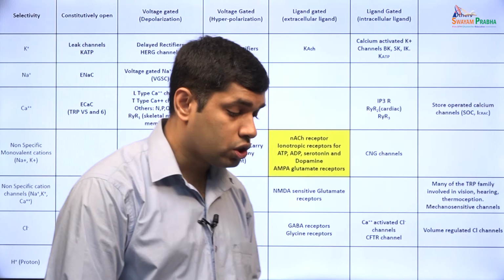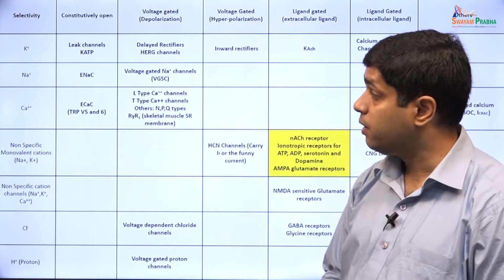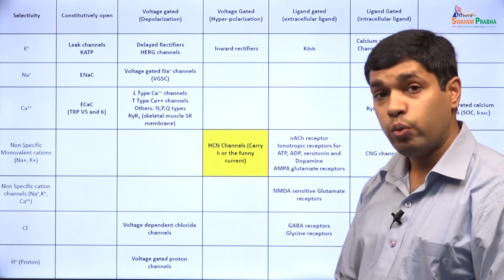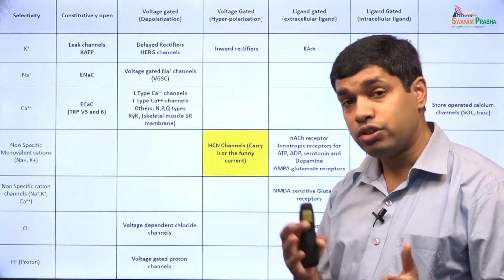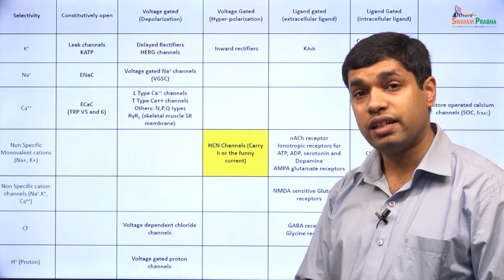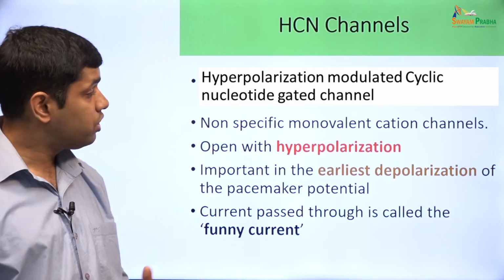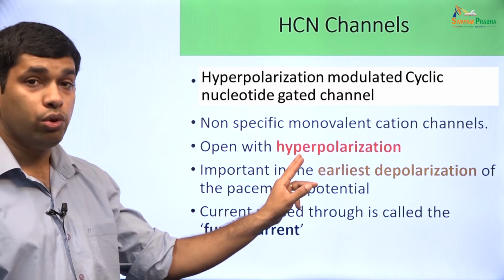We'll move on to the next non-specific monovalent cation channel, and that is what is called the HCN channel, and the current through this channel is sometimes called the funny current. What do we know about them? HCN stands for hyperpolarization modulated cyclic nucleotide gated channel. So this opens with hyperpolarization.